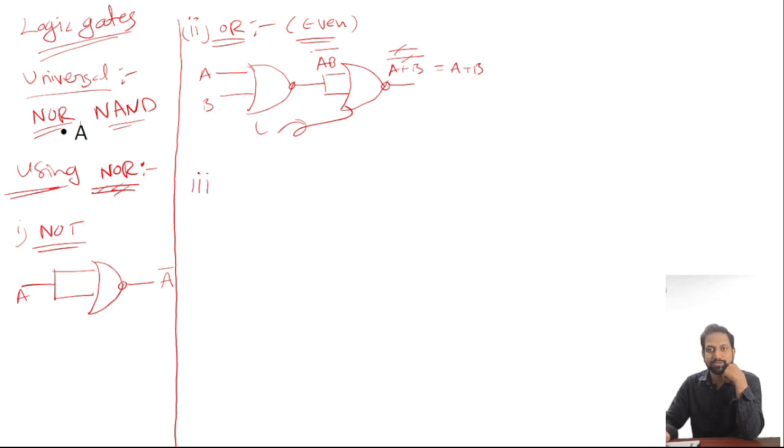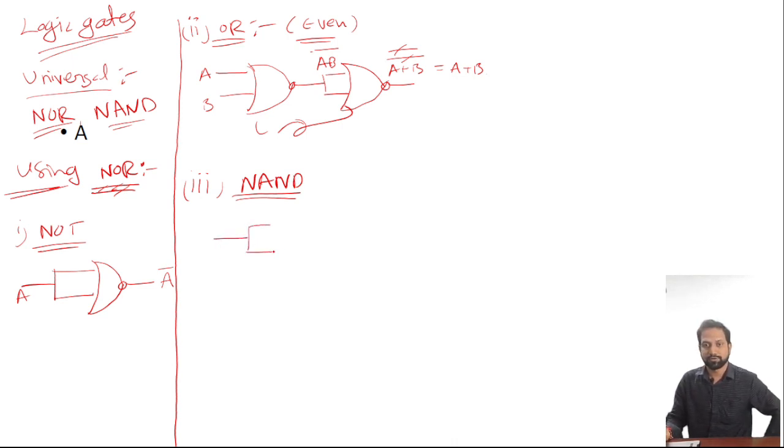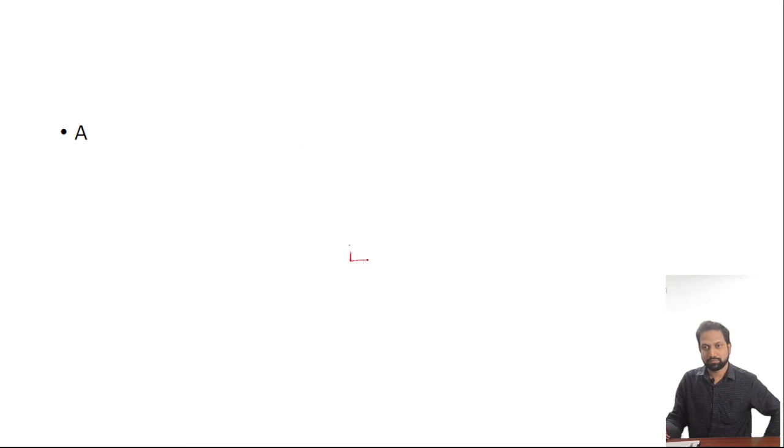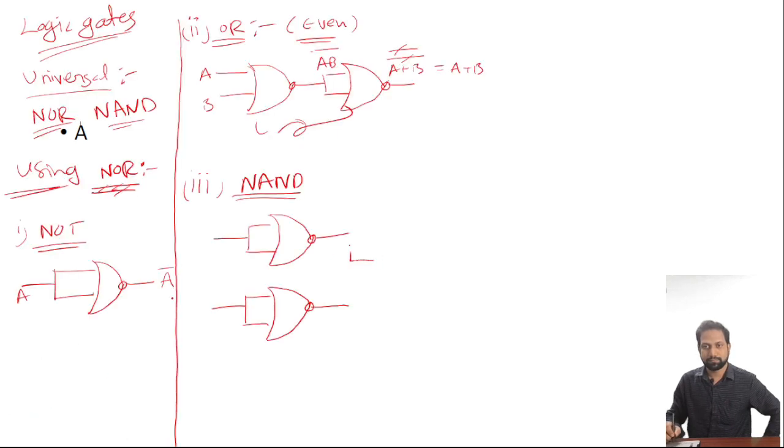Next, the third part is the NAND gate. Using NOR gates, you should construct the NAND gate. It is a very simple circuit diagram, this way.